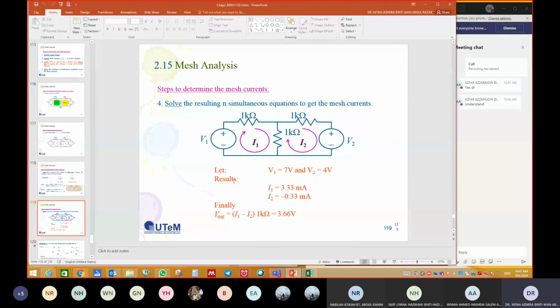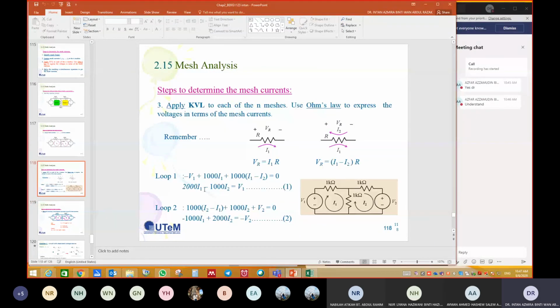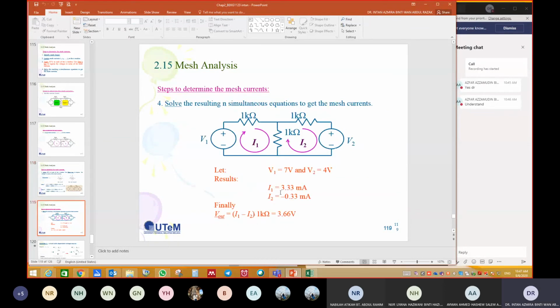So substitute V1 and V2 and then you can solve this equation by calculator, using mode equation, or you can solve it manually by simultaneous equation. And then we will get I1 equal to 3.33, I2 equal to minus 0.33.